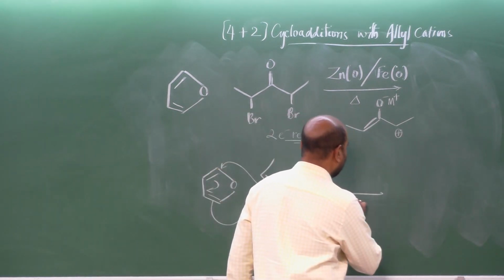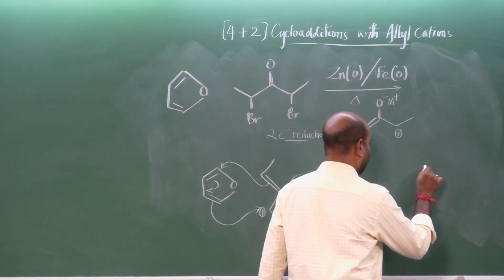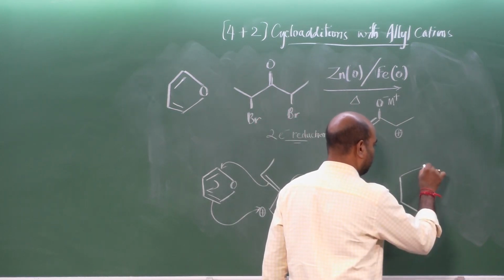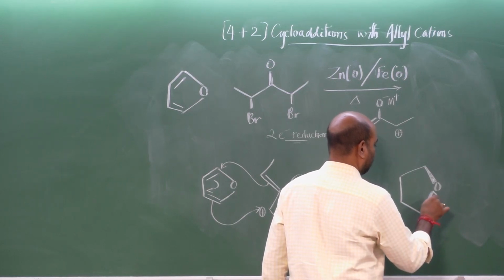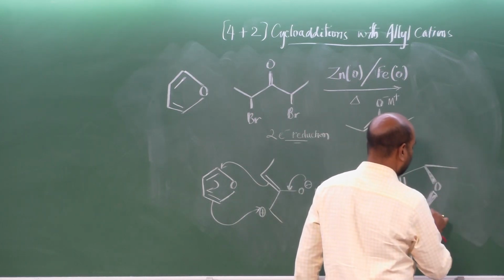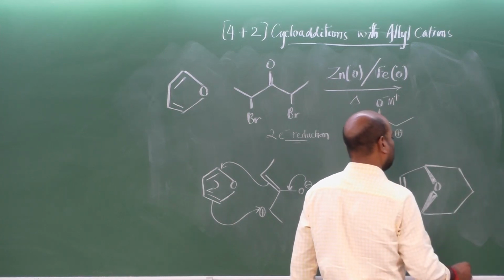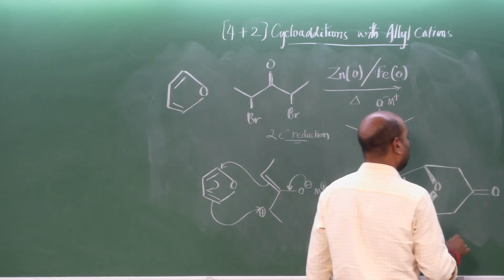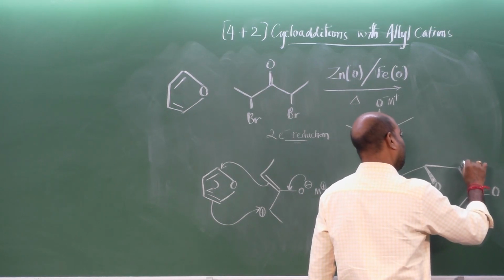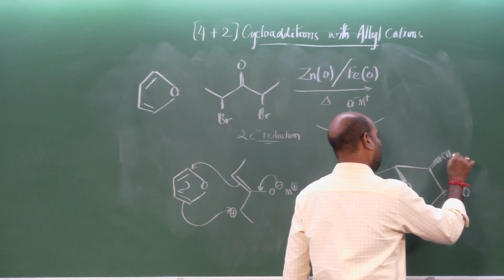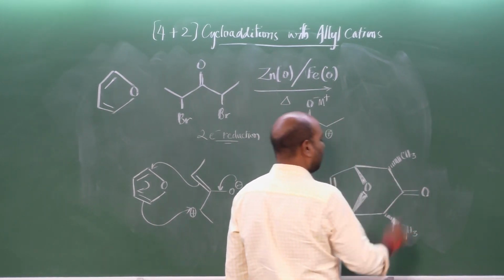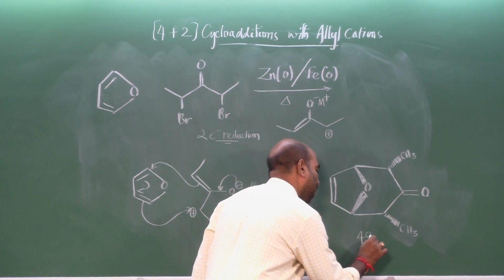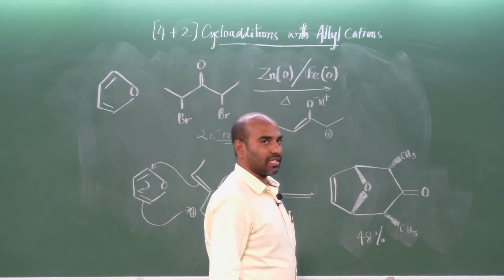As a result, you will be able to see this one, where the 2 methyl groups are cis to each other, and this product will be approximately 48%.